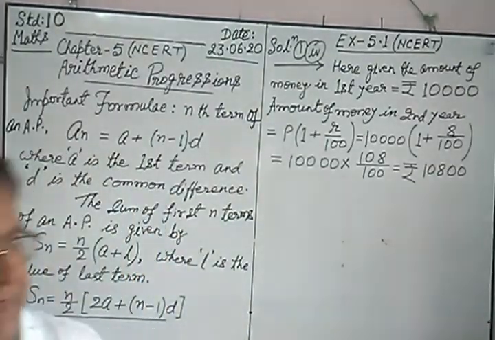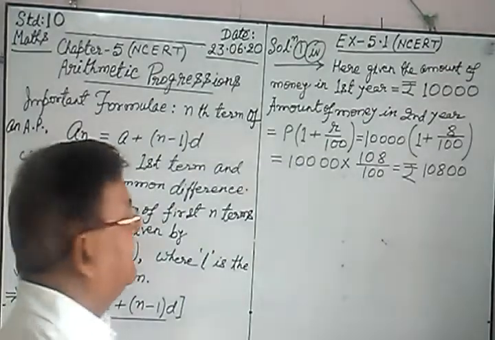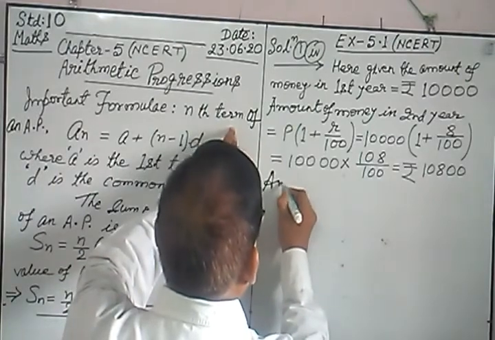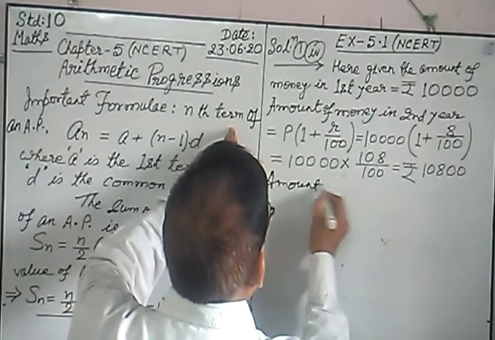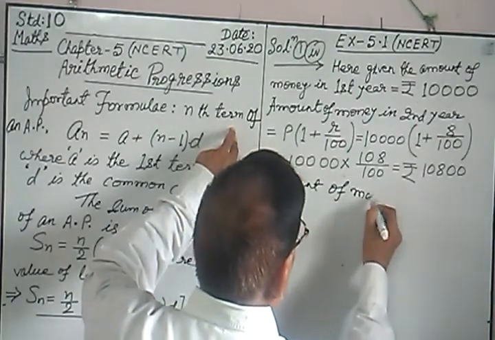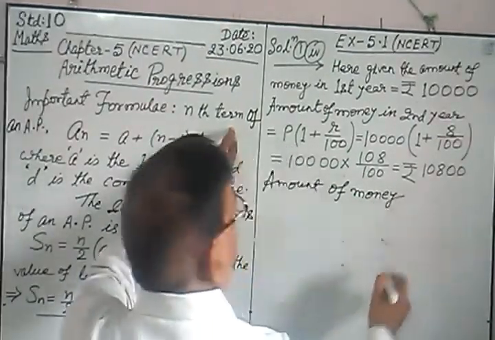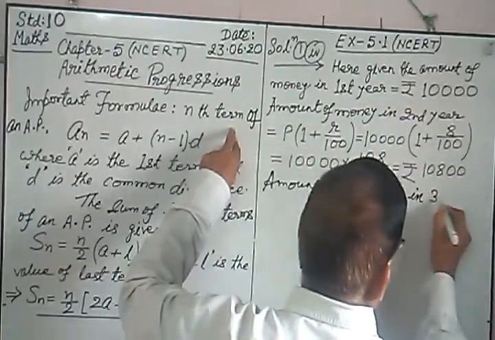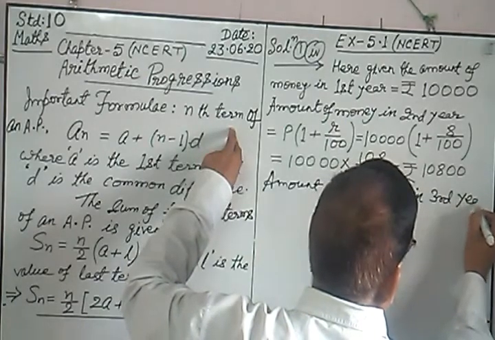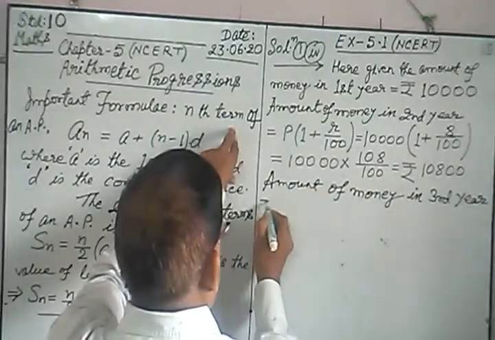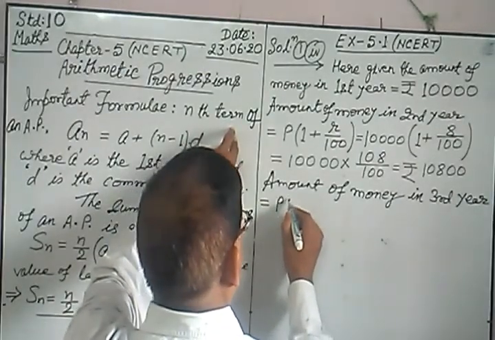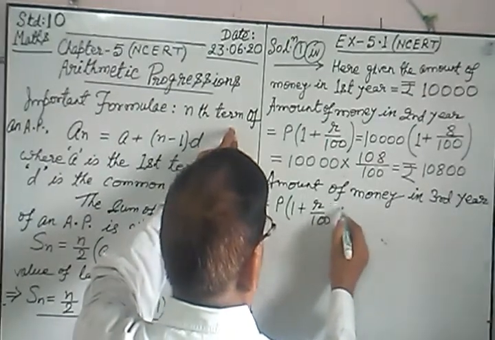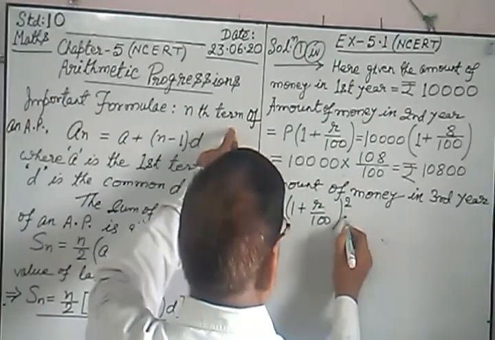What will be the amount after the second year? The amount of money in the first year, second year, third year. It is 1 plus R by 100, here the power is 2.